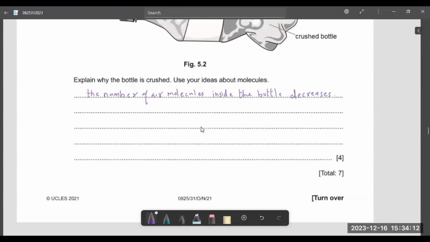As the molecules are fewer, this creates a lower pressure inside the bottle. So the pressure inside the bottle will be less. A lower pressure will be created inside the bottle.